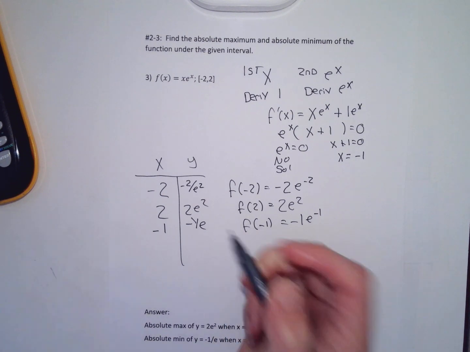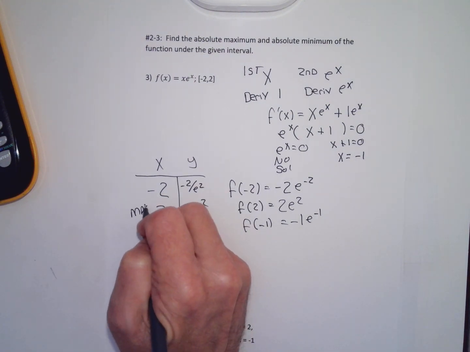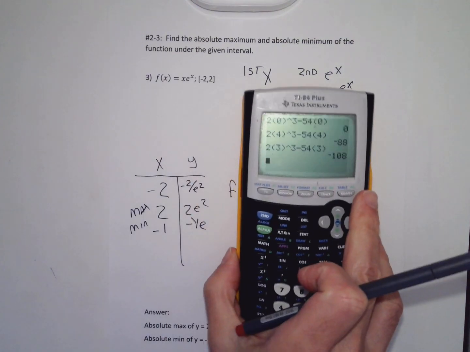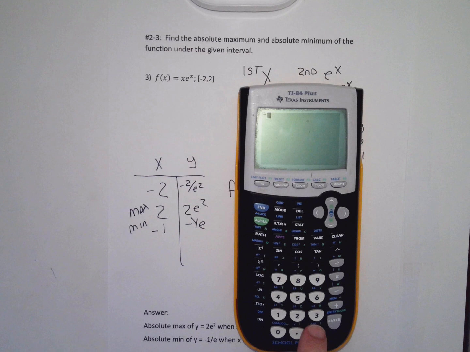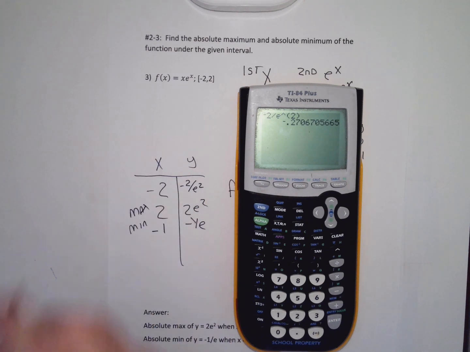When I go to write my answers, I'm pretty sure that this is the maximum point and this is the minimum point. I want the e's in my answer and not the decimals. But realistically, without decimals, I can't really tell which is the bigger. So let me do negative 2 divided by e squared. This first decimal is negative 0.27.